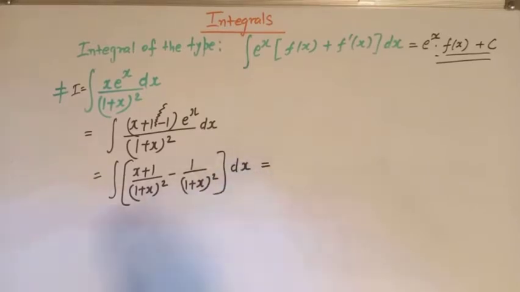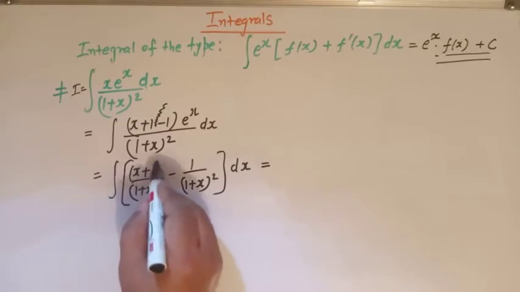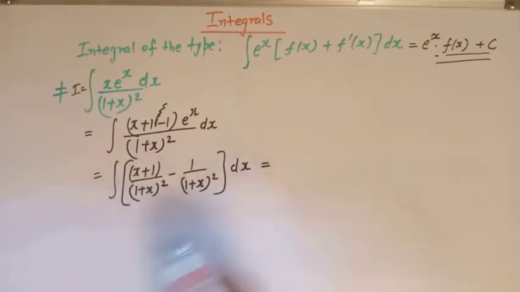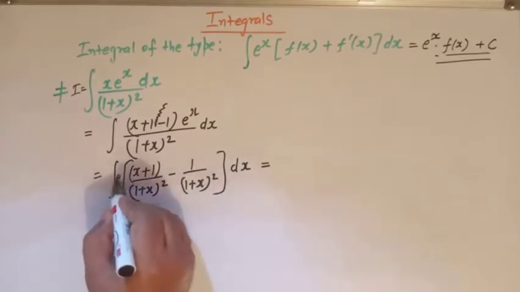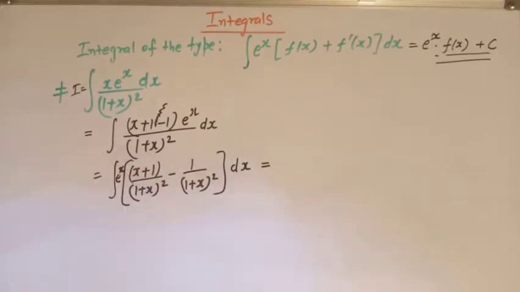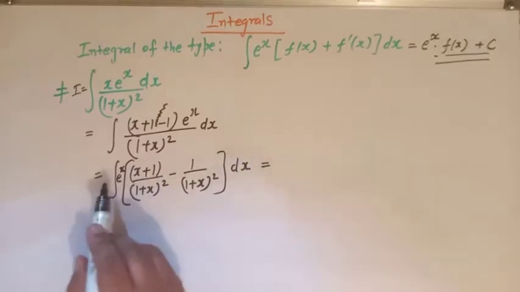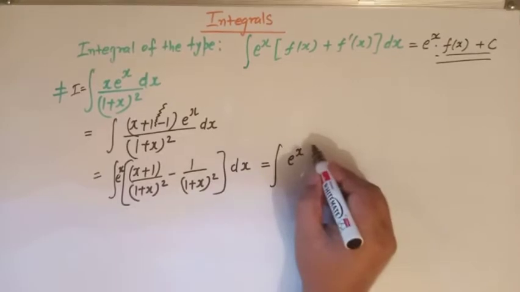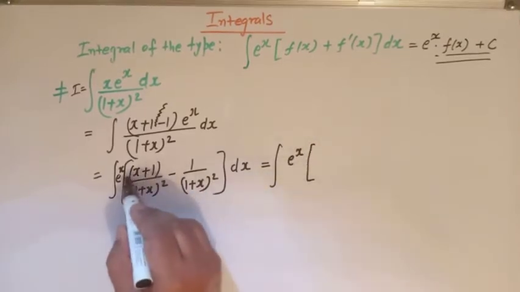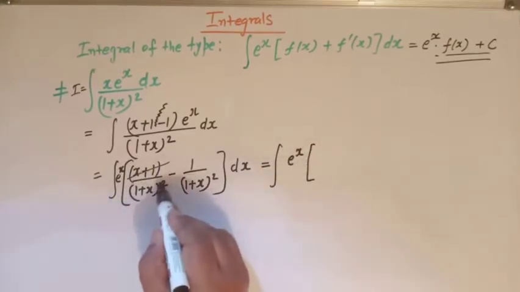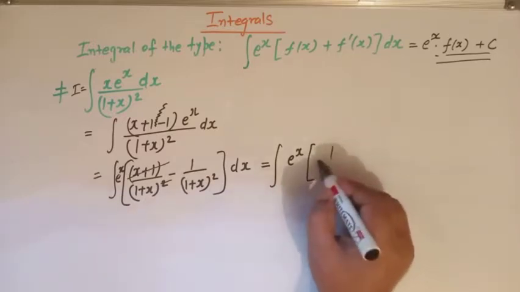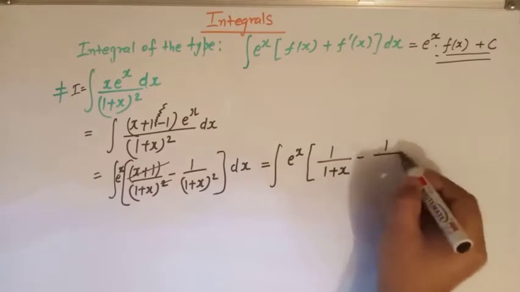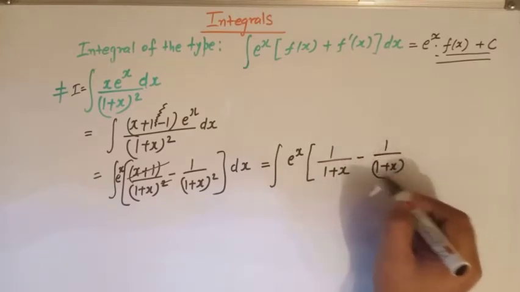Now here 1 plus x and here we have 1 plus x whole square, so we can write here e raised to x. Now 1 plus x and 1 plus x, one power gets cancelled, and we have 1 over 1 plus x and minus 1 over 1 plus x whole square.